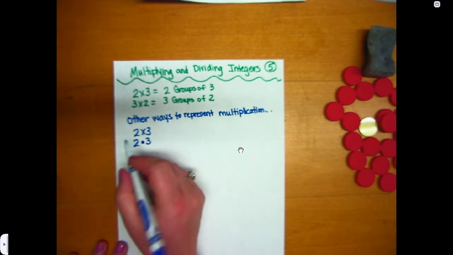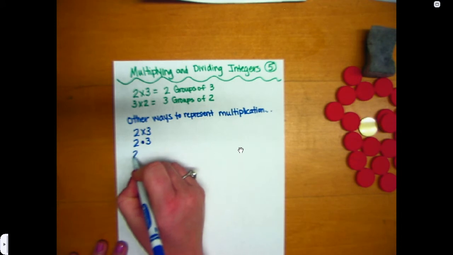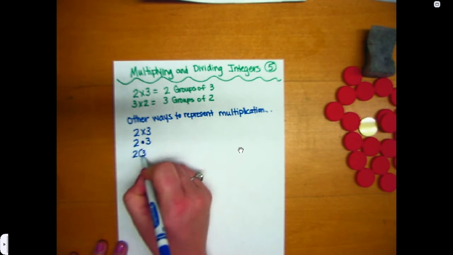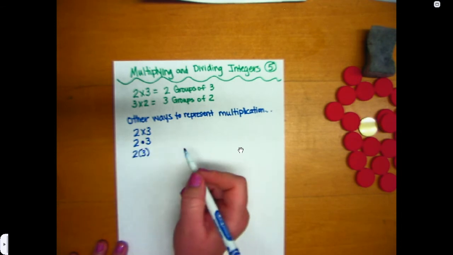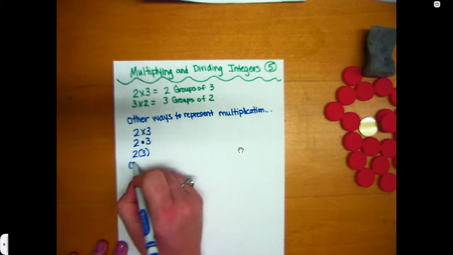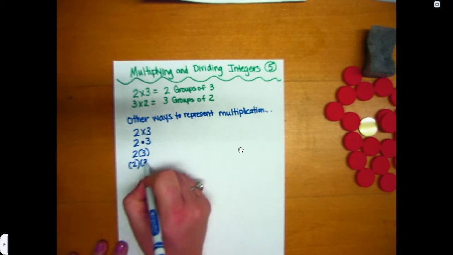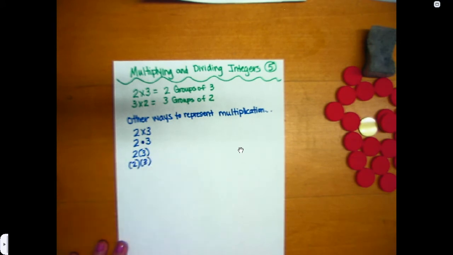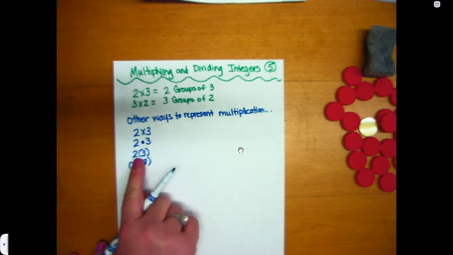We can represent it with parentheses, and this is what you'll probably see the most. And I have also seen it represented like this with double parentheses. Any way you see it, this is multiplication. Any of these ways are multiplication. Most likely you're going to see it like this.